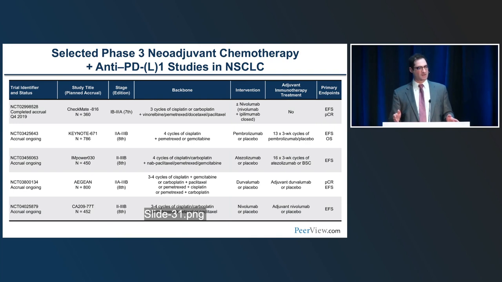Our standard practice for patients with resectable stage 2 or 3 non-small cell lung cancer has been to do the surgery and then give 4 cycles of adjuvant cisplatin-based chemotherapy, based on an improvement of overall survival of about 5% in multiple clinical trials. We also found in these studies that giving chemotherapy before or after surgery didn't make too much of a difference, but our convention had been to give it after.